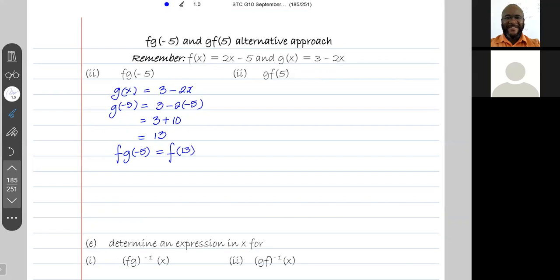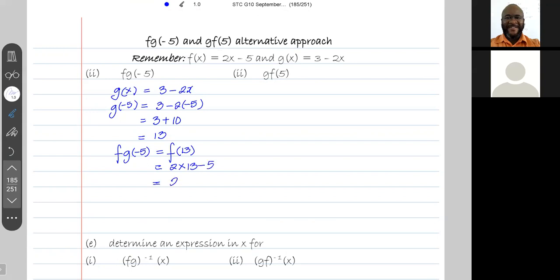So if I want to find out what is f of g of minus 5, all I have to do is find f of 13. Now, to find f of 13, in f, wherever I see x, I'm going to replace x with 13. So it is 2 times 13 minus 5.